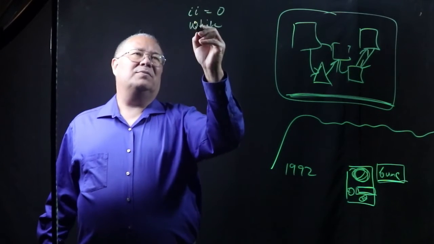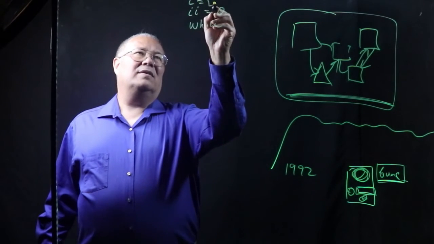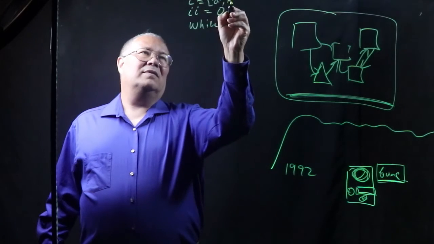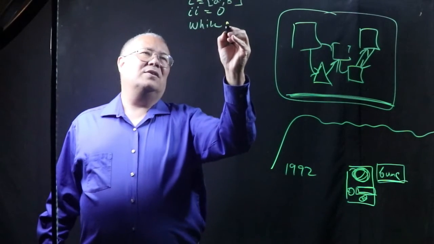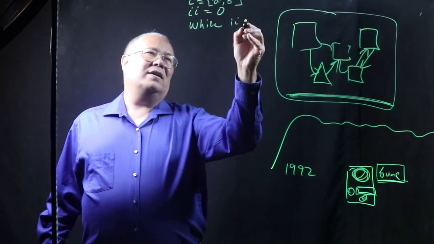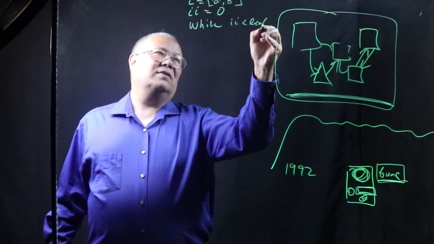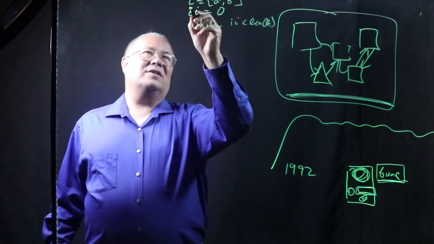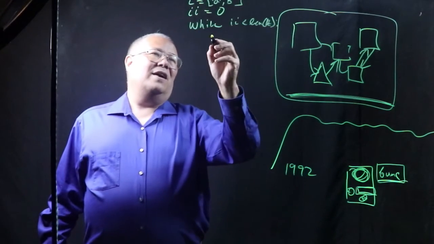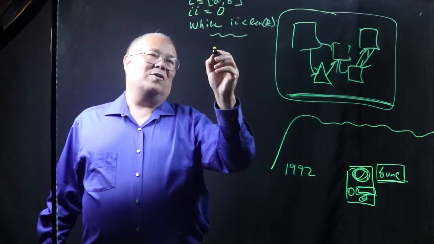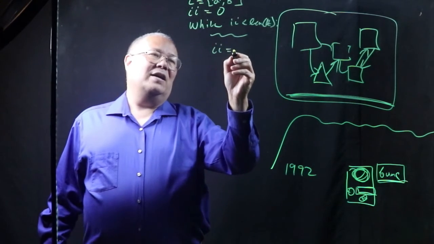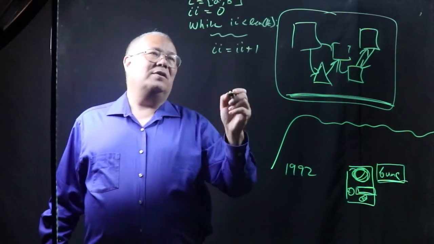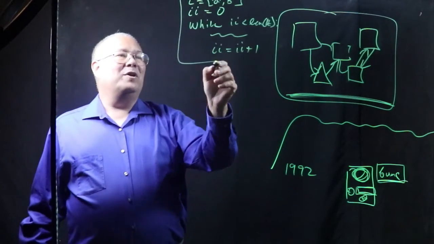If we have a list, something like this, while i is less than the length of the list. That's a capital L there, that's this guy right here. You do something inside, and at the bottom you do i equals i plus 1. Okay, that will be on the midterm.